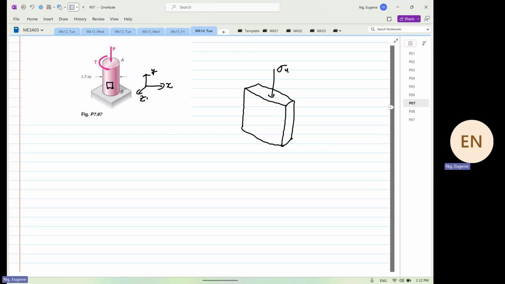This is your stress Y. And because of the shear, the direction of the torsion, this is the surface, and this is your element. So this is your stress Y, and this is your shear YX, which is equal to shear XY.